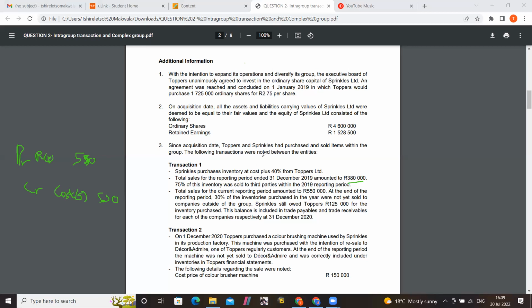So we see that it's 30,000 left. Now, for this unrealized profit, the easiest way to calculate it, for sale of inventory, is to calculate the inventory discrepancy. This is something you just need to note down.